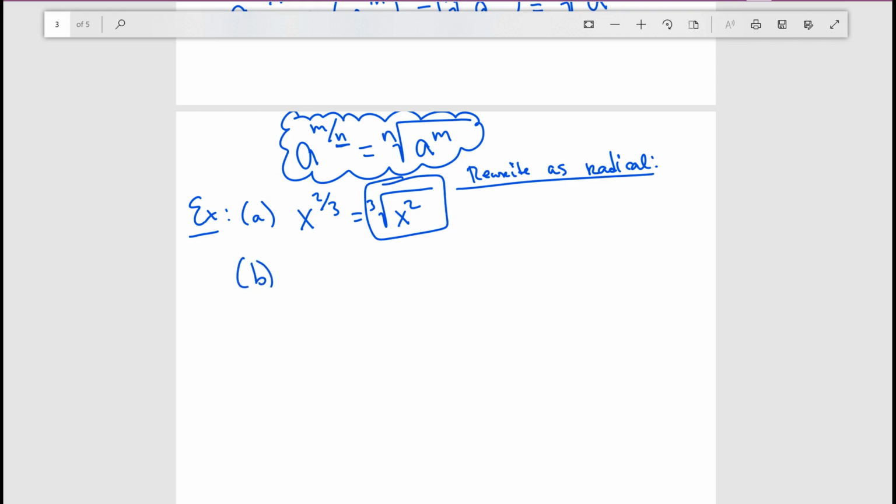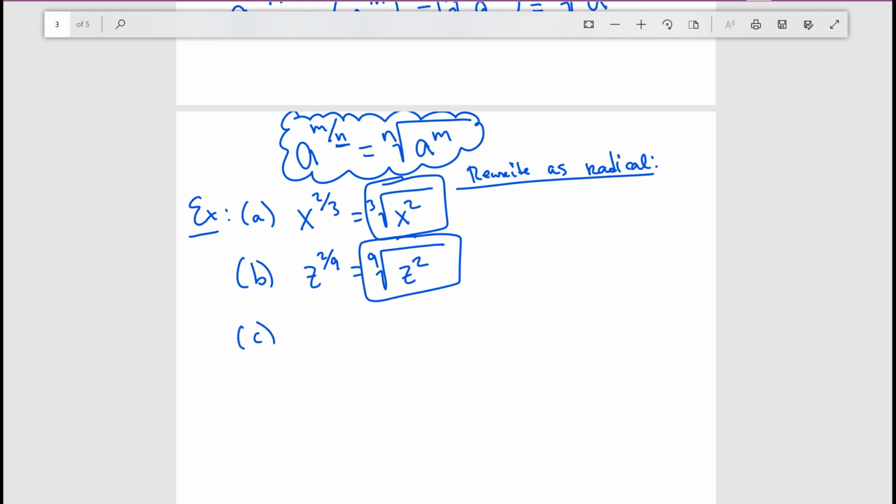What is going to be z to the power of 2/9? So that 9 is going to be the 9th root, and then the squared is going to stay on the inside, z squared.